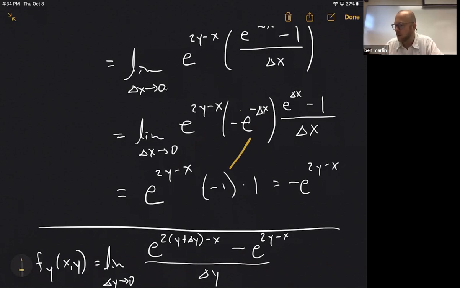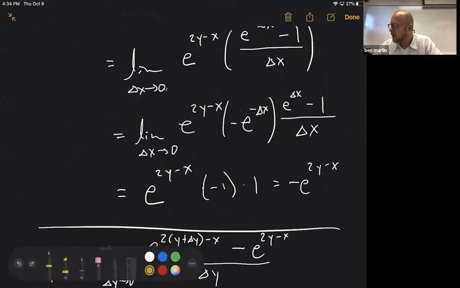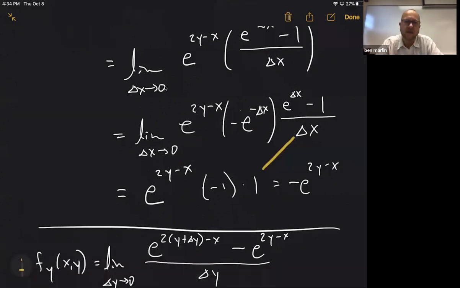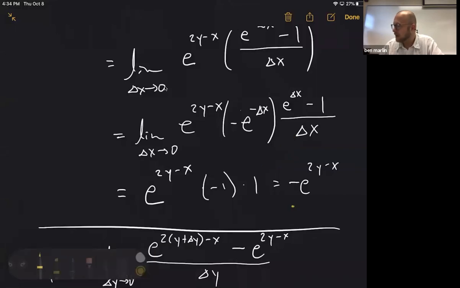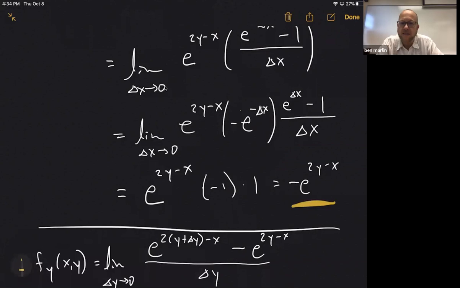That's where this minus 1 comes from. And then finally, this special limit that we've got here, e to the delta x minus 1 over delta x, as delta x goes to 0, that goes to 1, okay? And then we've got all the pieces right here, and we can get that our derivative should be minus e to the 2y minus x.